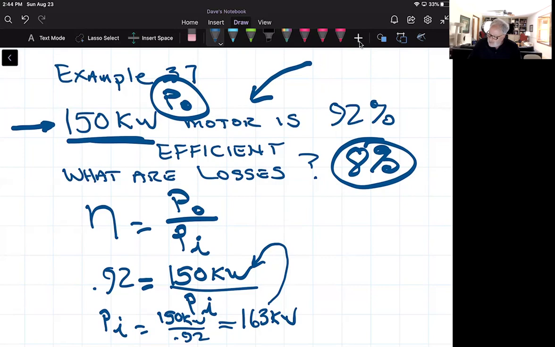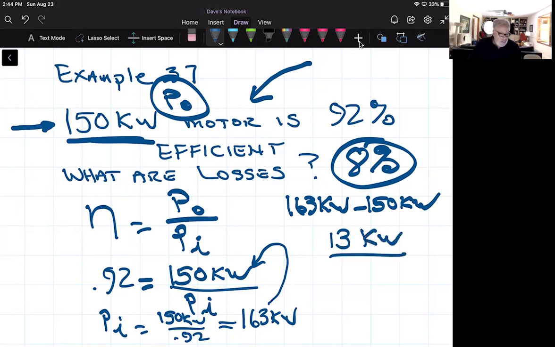Well, the losses are 163 kilowatts minus 150 kilowatts, which is 13 kilowatts, which are lost. And we will go through in later chapters and look specifically where those losses occur.